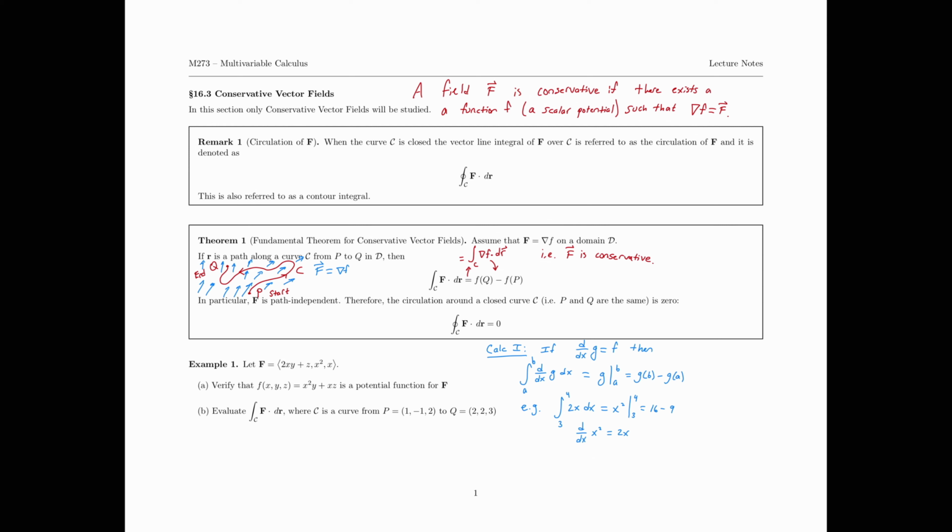Well, that's exactly what's going on up here. We're really saying, let's make this a little bit bigger, if the gradient of little f equals big F, then the integral over C of F dot dr has to be exactly the same thing as, if these two things are equal, we can swap this for the gradient of little f at any point, dot dr. And this is sort of the same setup.